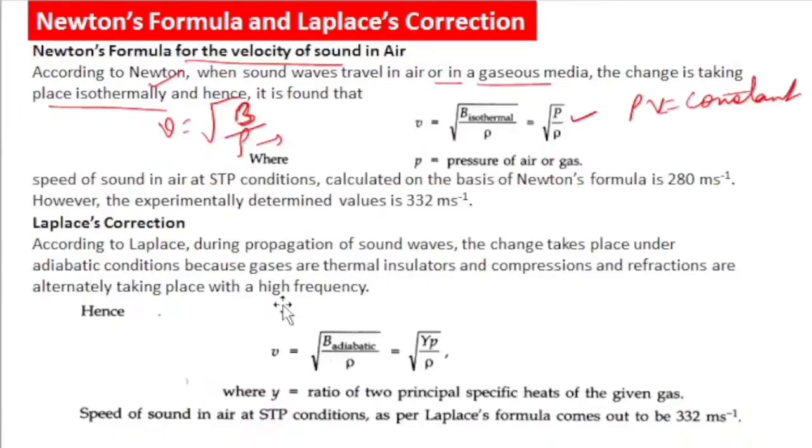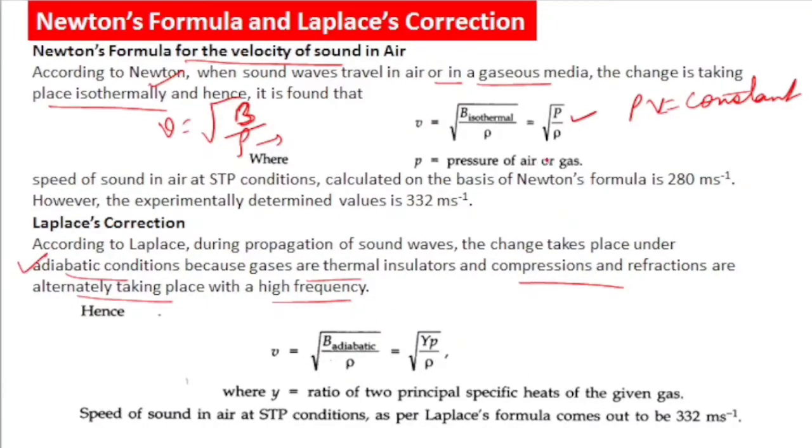According to Laplace, in place of the isothermal process, he assumed that during propagation of sound waves, the change takes place under adiabatic condition, because gases are thermo-insulated and compressions and rarefactions alternately take place with a high frequency. So he assumed the change takes place under adiabatic condition, not isothermal.